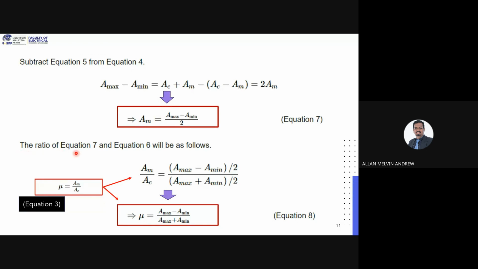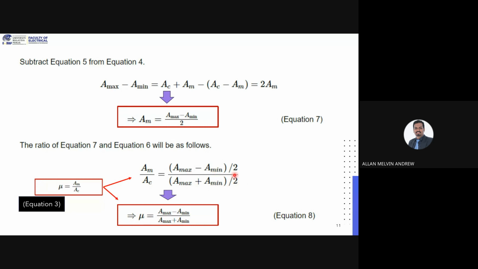Now the ratio of equation 7 and equation 6. Ratio means equation 7 divided by equation 6, from the previous slide. So you get Am over Ac is equation 7, A max minus A min over 2, over Ac, which we already calculated, A max plus A min over 2.